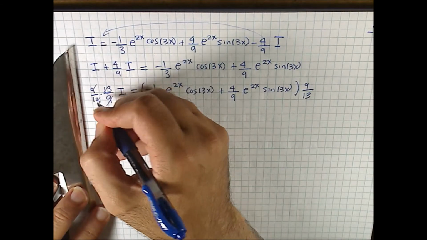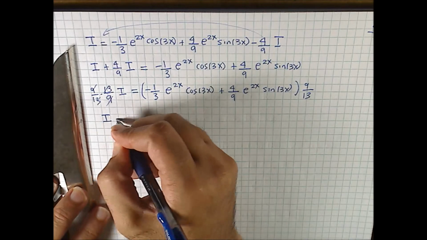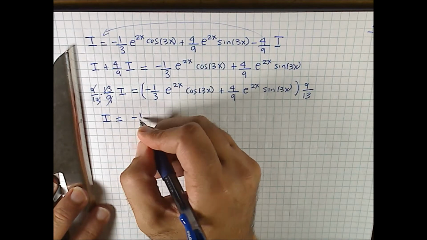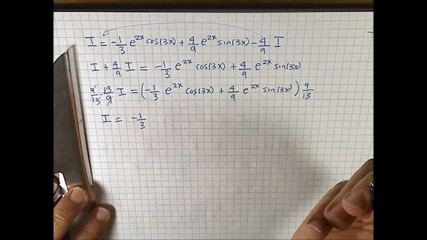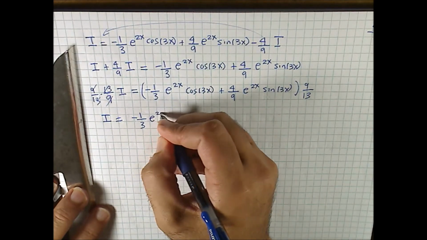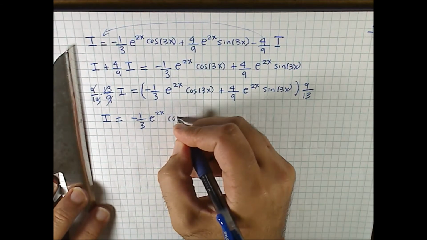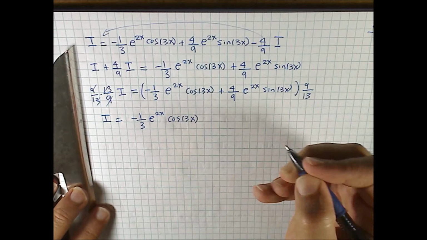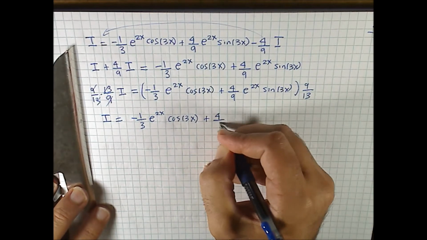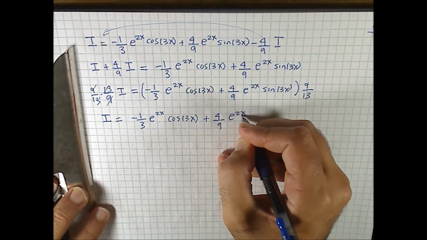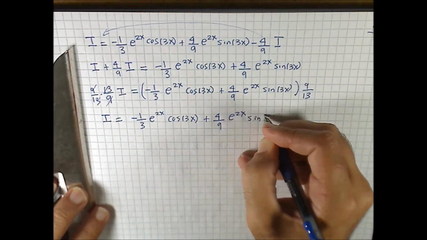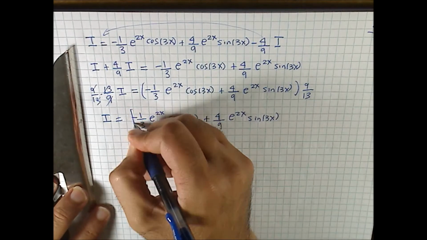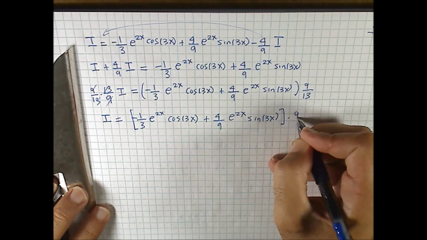This cancels. We get I is equal to negative 1/3 e to the 2x cos 3x plus 4 over 9 e to the 2x sine 3x, all multiplied by 9 over 13.